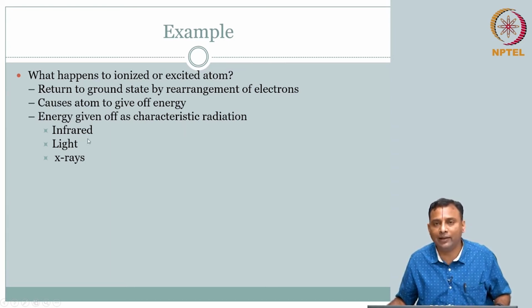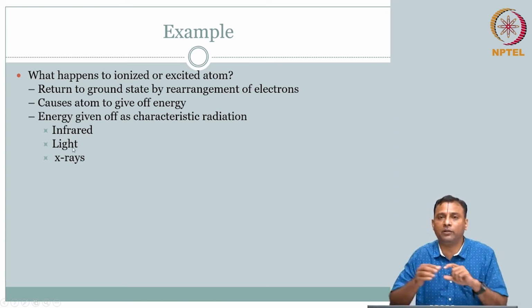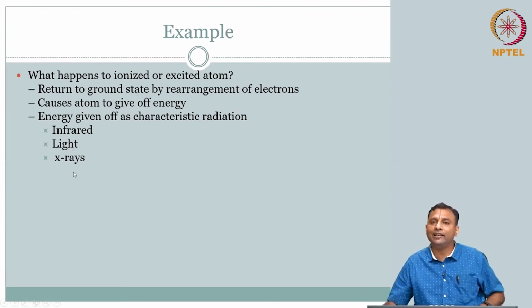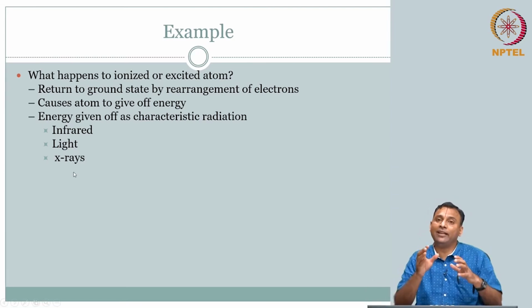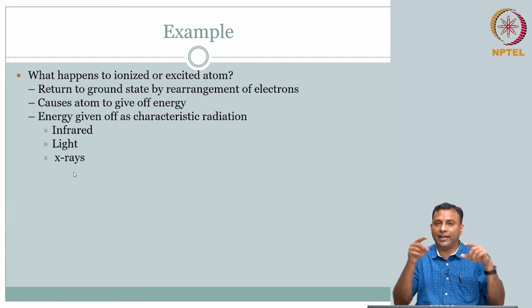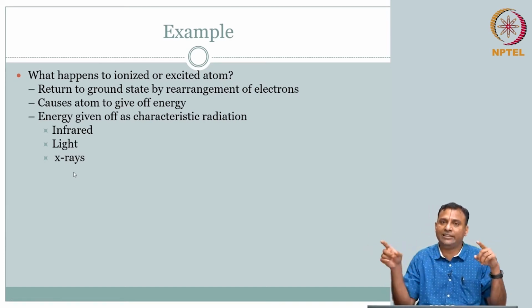And why is it characteristic? Because the energy that comes out is characteristic. If you look at the spectrum that we saw in the introduction class, you had infrared, visible light, X-rays, gamma rays, all of them based on energy. We had wavelength, energy axis, frequency axis, all three there.